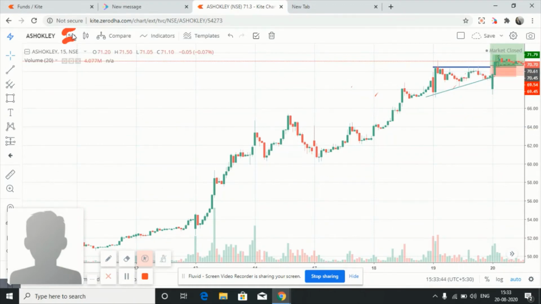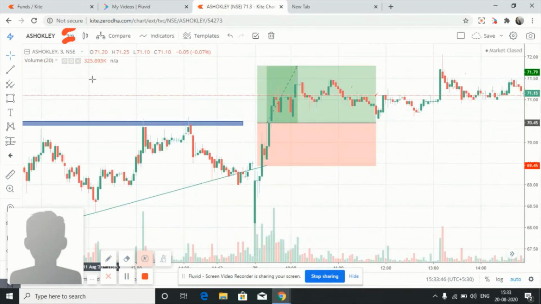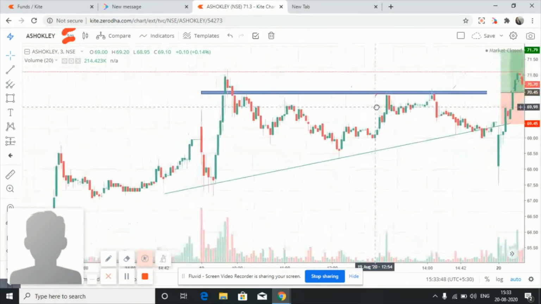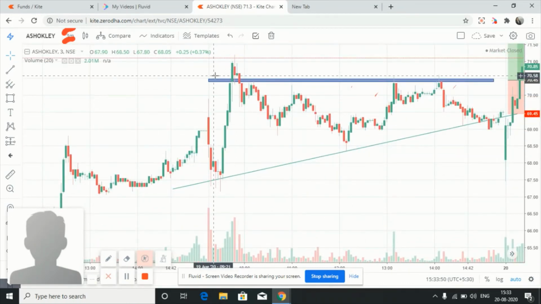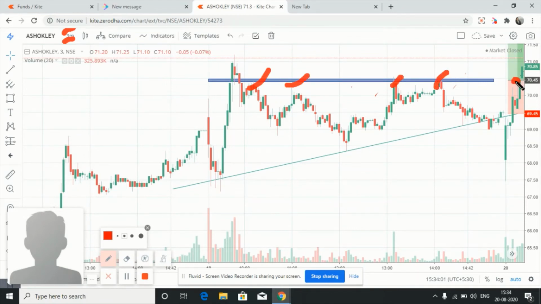Converting it into a 3-minute chart, this is the 15-minute where I have seen rejections, rejections, rejections, and we took entry at this breakout seeing a longer time frame, and this is the trend line which we have drawn. Exactly at the trend line we kept our stop loss.